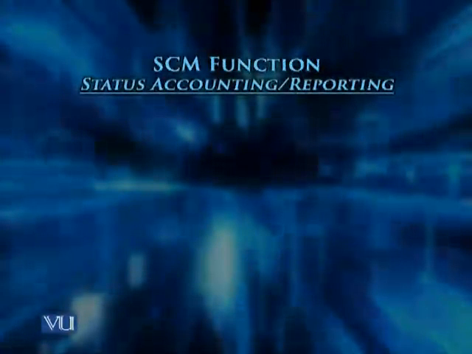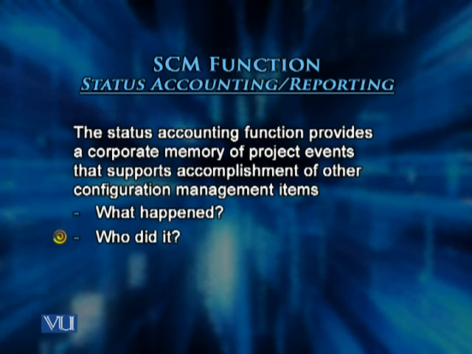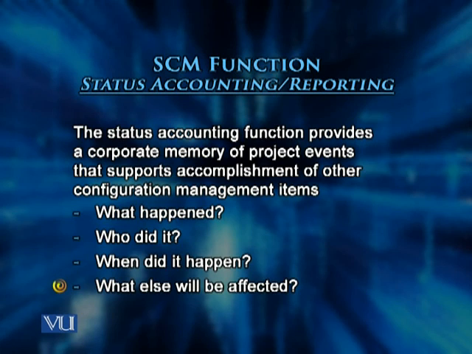Let us now talk about SCM functions related to status accounting and reporting. Status accounting and reporting provides a corporate memory for project events that supports accomplishment of other configuration tasks. We ask the questions: what happened, who did it, when did it happen, and what else will be affected.